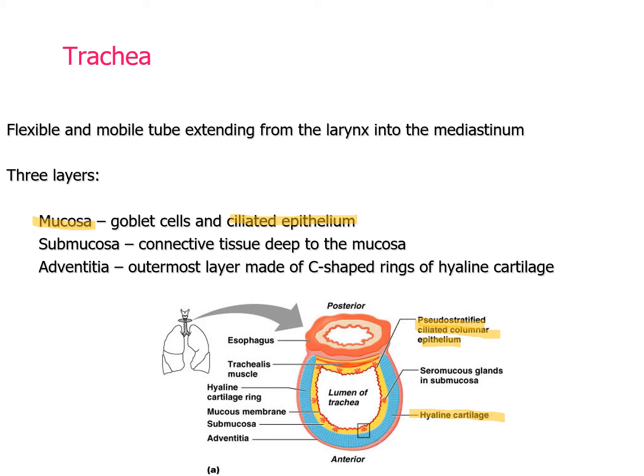Just below that you have the submucosal layer, which is connective tissue deeper in below the surface, containing blood vessels and nerves, and outside of that you have the adventitia. So you have mucosa, submucosa, and adventitia. The adventitia is connective tissue and C-shaped rings, or the C rings of hyaline cartilage, shown here in the diagram in blue.